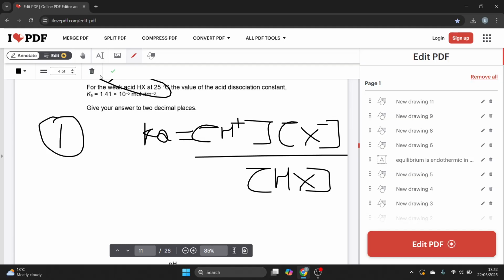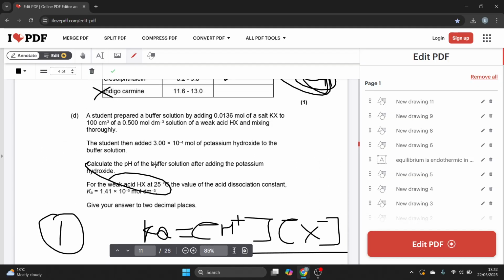There we go. It gives me that information. This is the concentration of the weak acid, so I'm going to write that down.